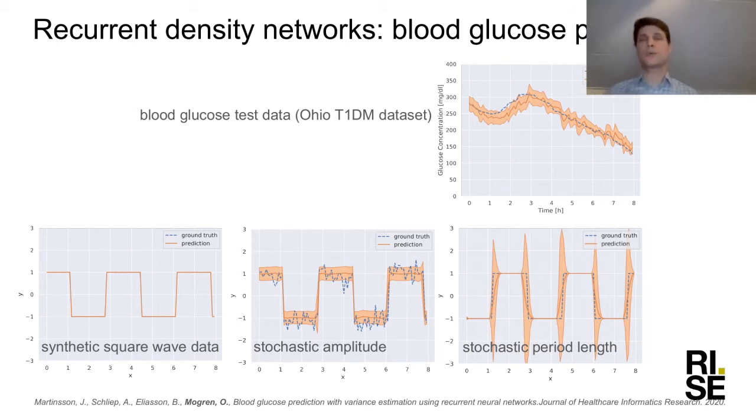Similarly, in the bottom right picture, we have the variability instead in the period length of the square wave, and as expected, the model learns when the state is deterministic, and then at the end of each period, the variance goes up. That's expected because we never know exactly when the switch is going to happen. The switch does happen within an interval here.